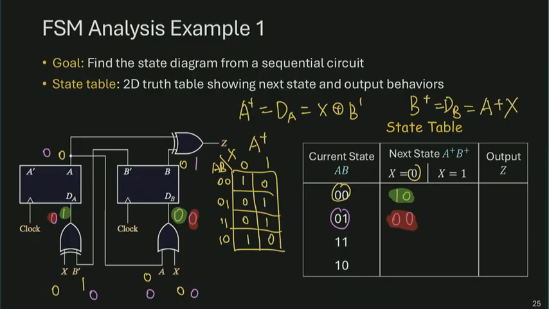X XOR B prime is essentially X XOR B. So if X and B have the same value, X and B are both zeros here, and here X and B are both ones, the output is a 1. And that tells you my next state for A, the first flip-flop, based on the current state and the primary inputs.